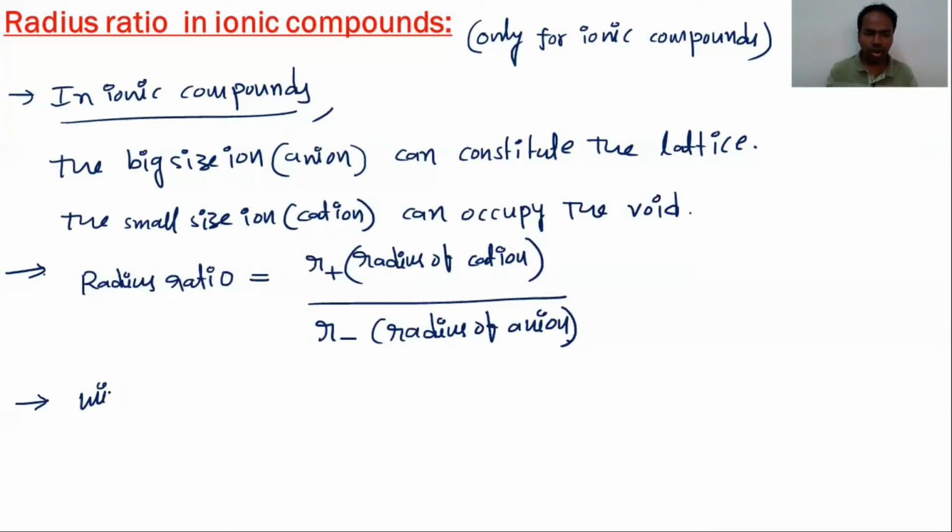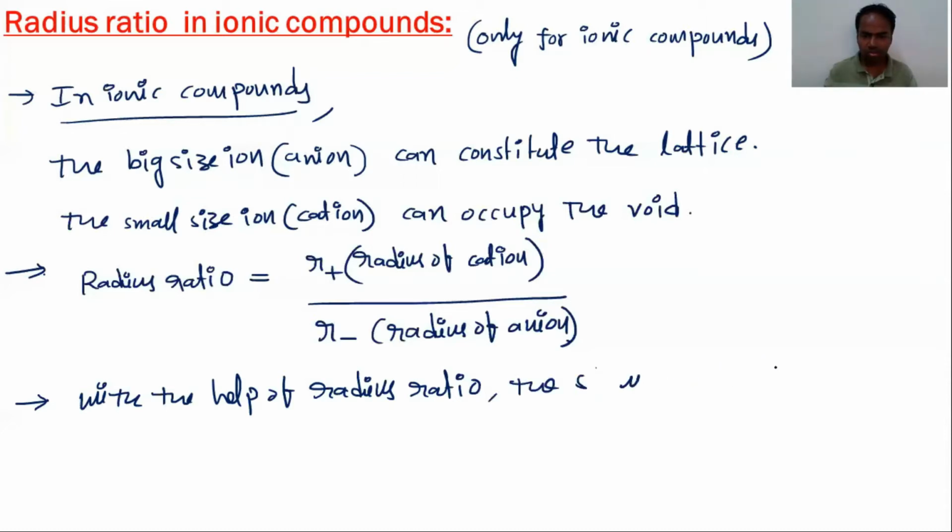With the help of radius ratio, the structure of an ionic crystal can be predicted.